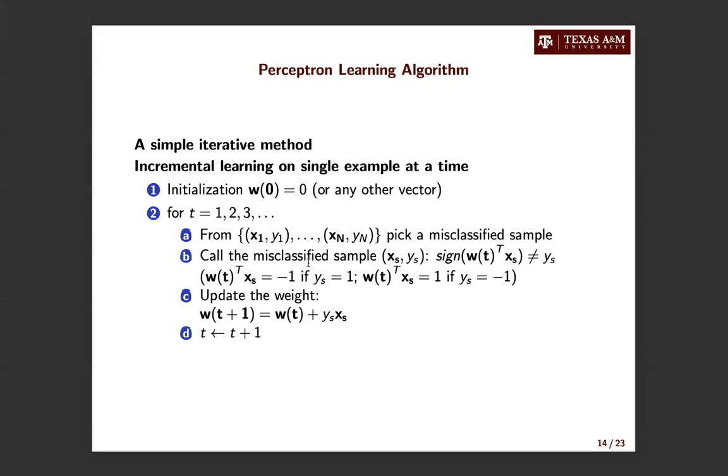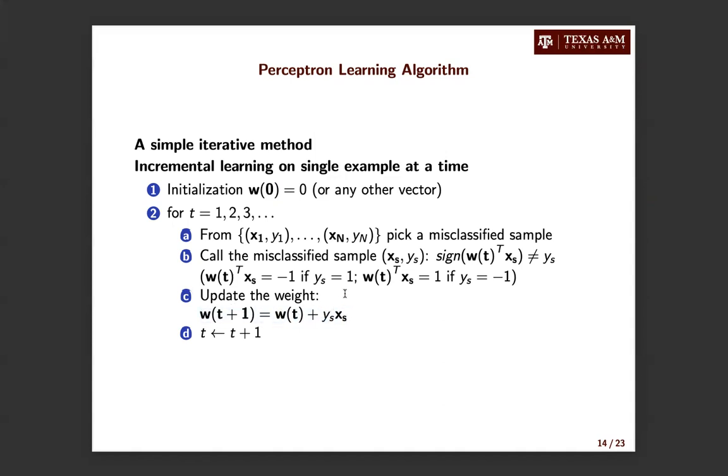Now, if our misclassified sample belongs to the positive class, what we need to do is update the weight such that the next weight has the misclassified sample on the right side of the line. And this is being represented by a sum operation.